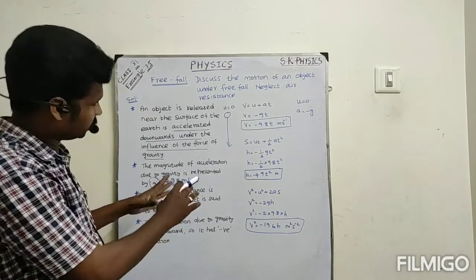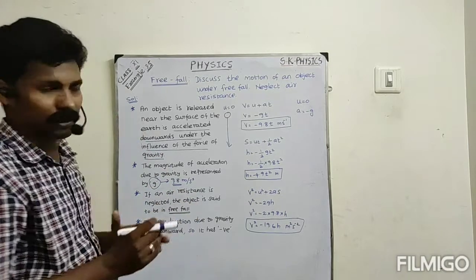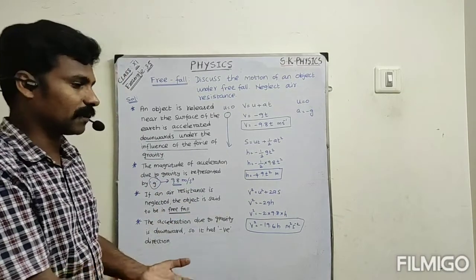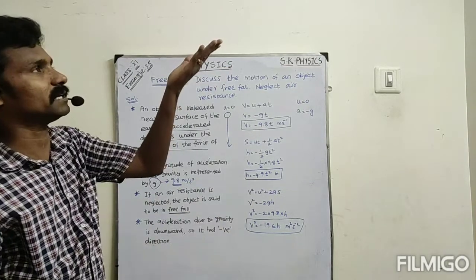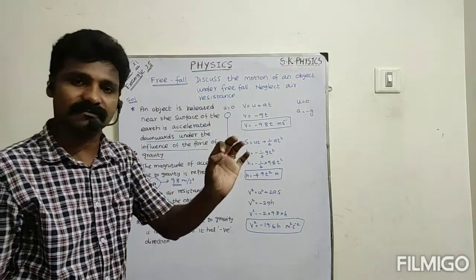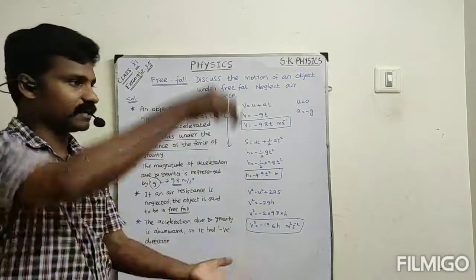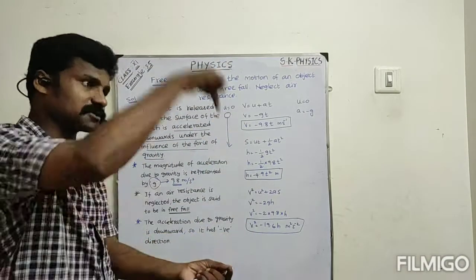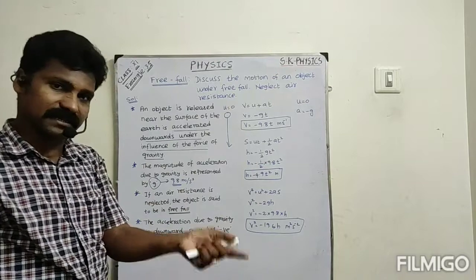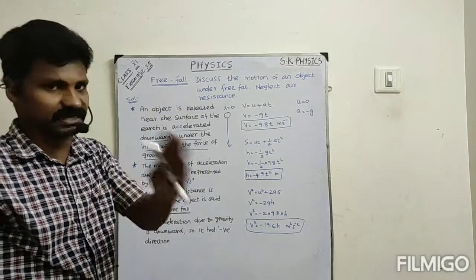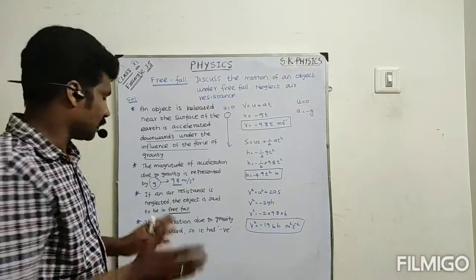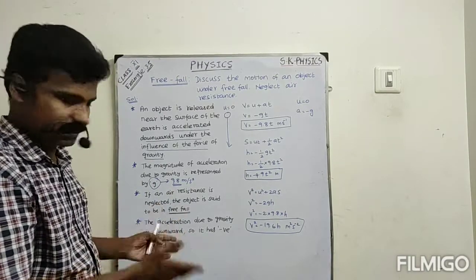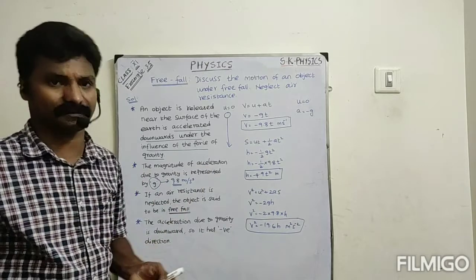In the previous question 3.4, if you observe, when the object is thrown upward, it is opposite to gravity, so the acceleration we got was minus g. If it is moving downward, towards the earth, the acceleration is plus g. The concept is the same, but now we are going to draw the graphical diagram.